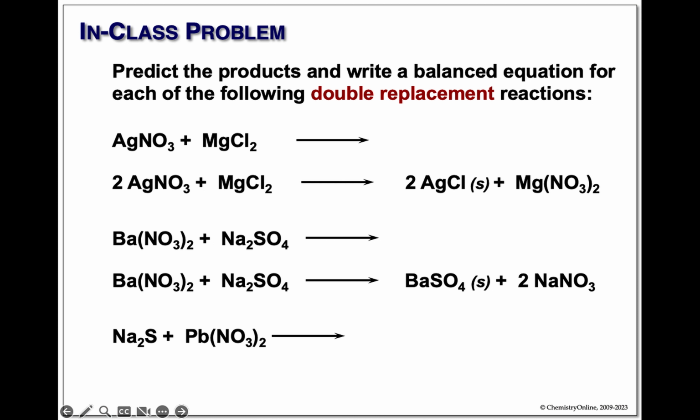Sulfide is -2. We're going to need 2 leads. We have 2 sodiums, 2 nitrates. I think we simply need to just double the nitrate, that's all. Yep, that'll work. It's lead 2 sulfide, so that's okay. Any questions?